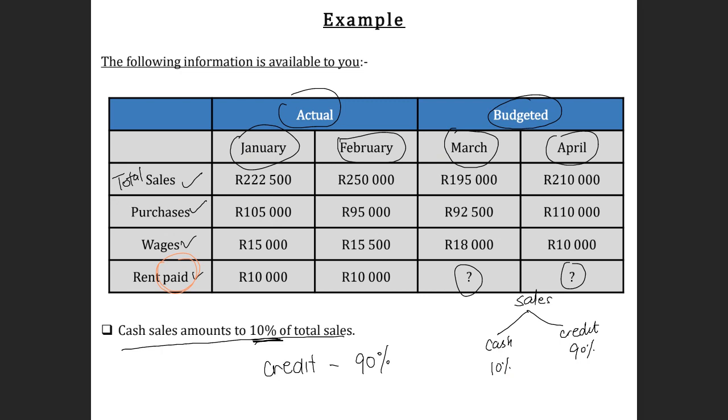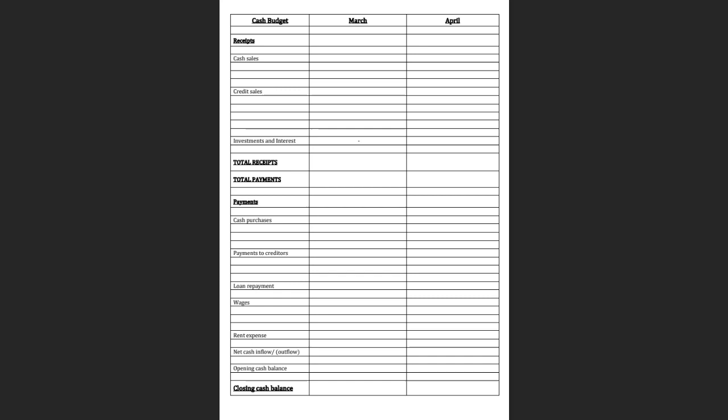So I'm going to skip between the template that I have created for this example. I have already uploaded it to VC Learn for you, so you can access that here as well. It just makes it easier because it has all of the headings already included for you. But naturally, in your test, unfortunately, you will not get this, so you will have to draw this up on your own. Okay, so here we have the months of March and April at the top.